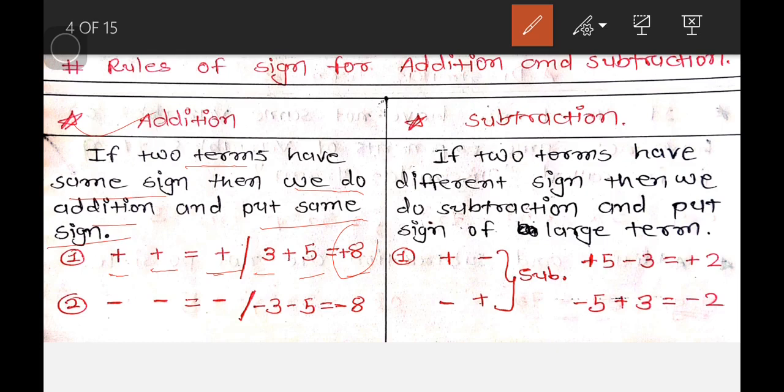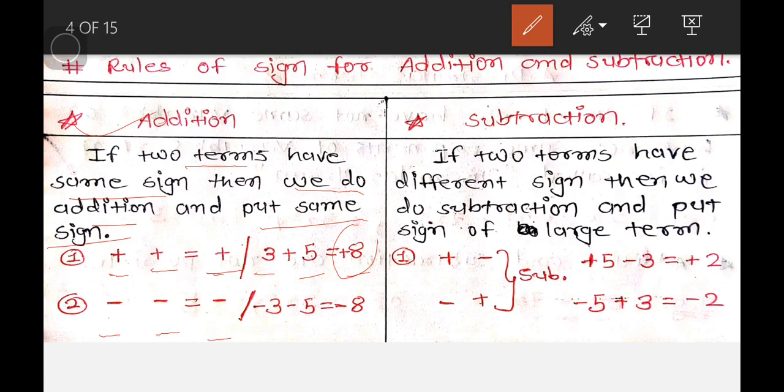Another example, if two terms have the same sign, then we do addition. If given two negative signs in two terms as minus and minus, then we also do addition and put the same sign, minus sign.